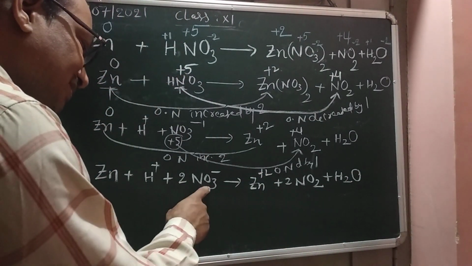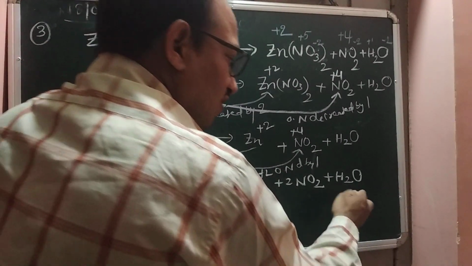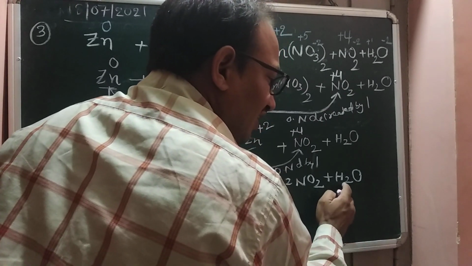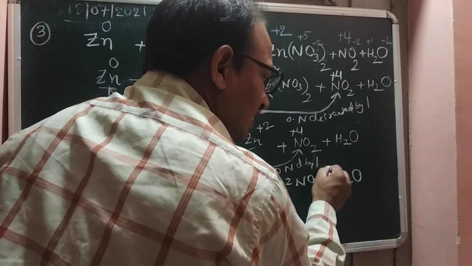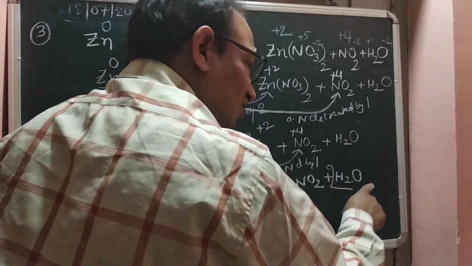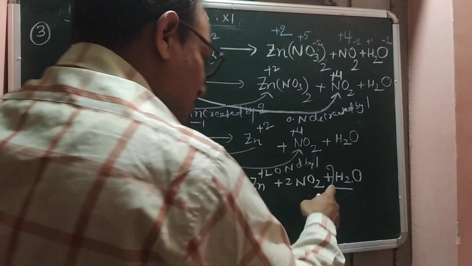So one oxygen is less. So I will add one more H2O. Already one H2O is there, so I will write 2 H2O. So that is 2 oxygens plus 4, total 6 oxygen atoms.